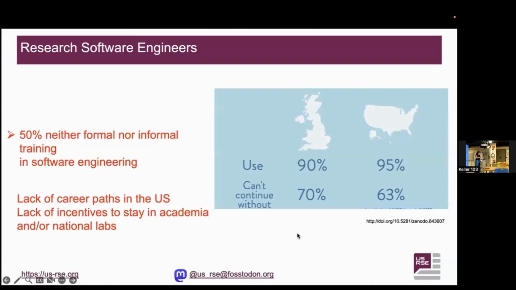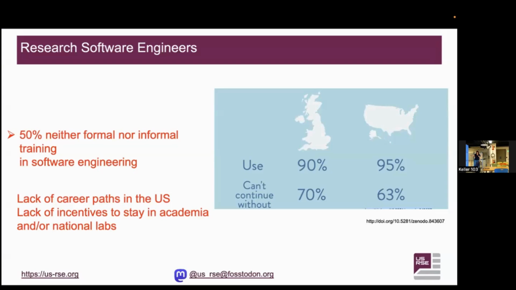Okay, with that, research software engineers, when we talk about them, so that was from colleagues of mine, they did a survey in the US and the UK, and they asked researchers whether they use research software or whether they can't continue without.